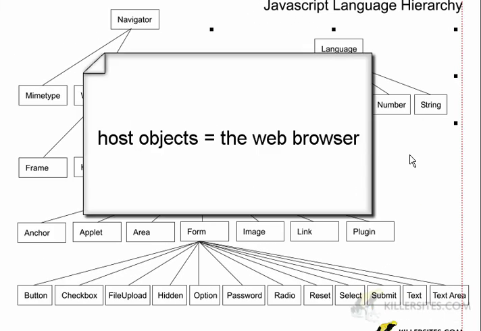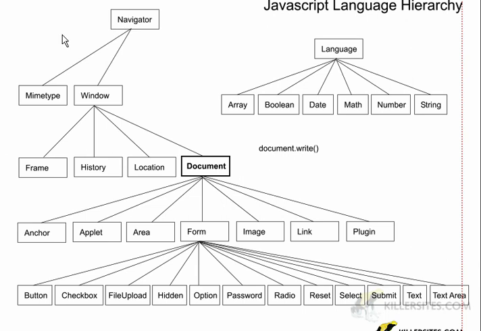Finally, you have something called the host objects. That would be something that the browser provides. Well, not something, many things, because many objects. So we have it represented here. This is where the action is for most of what we're going to do. So the navigator object, of course, represents the browser. And we went through all these before, so you know what they are.